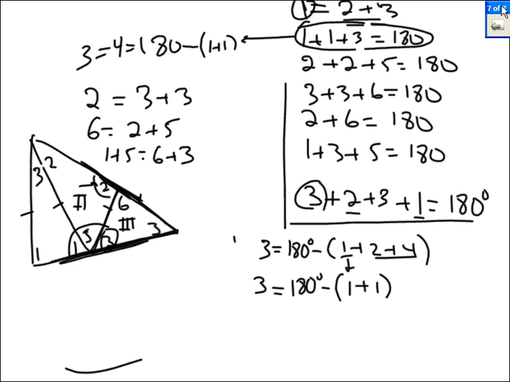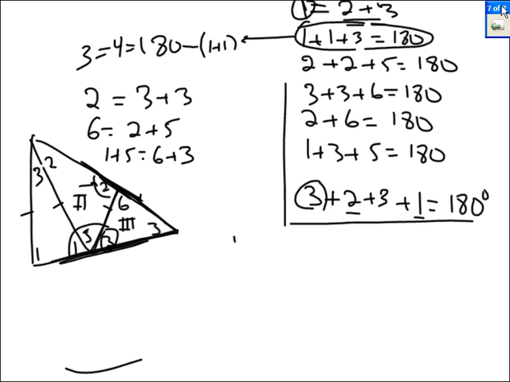And at some point this is just going to click. We know 3 and 4 are equal. 6 is nothing more than 2 plus 5. So we know that 3 is 4. So if we can find 3 or 4, we're done.